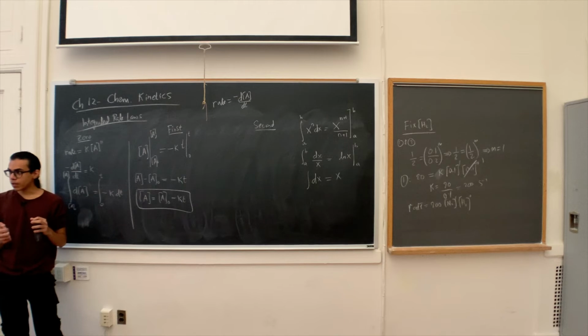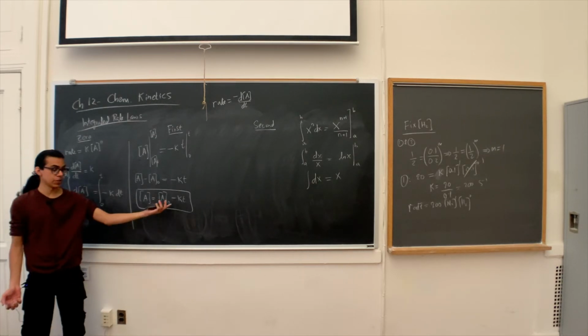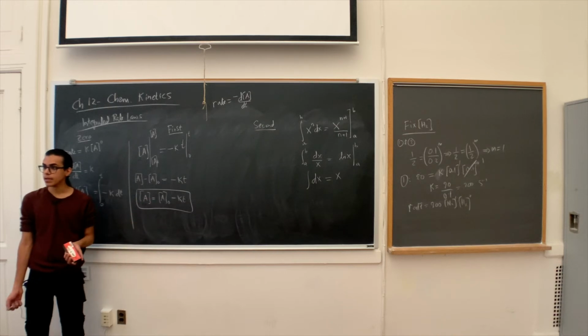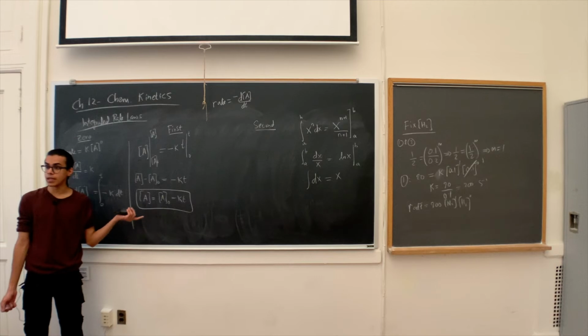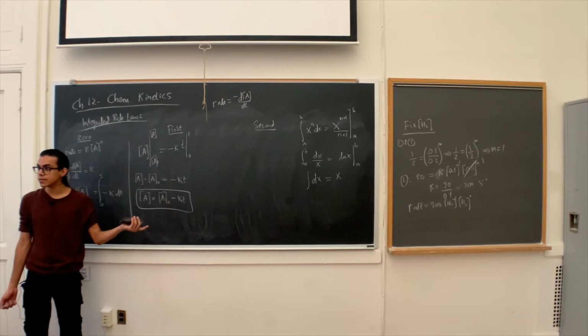When I started my clock, I had 2 molar concentration. 50 seconds later, what is the concentration? Just plug in the values and you'll find it. So this allows you to predict how the concentration of A changes as time passes.